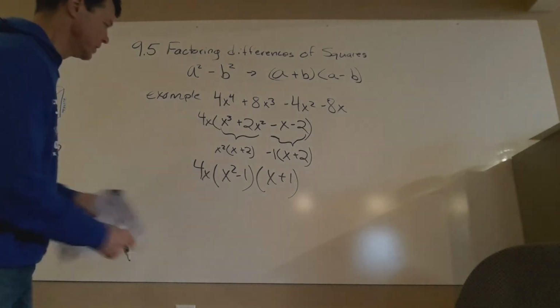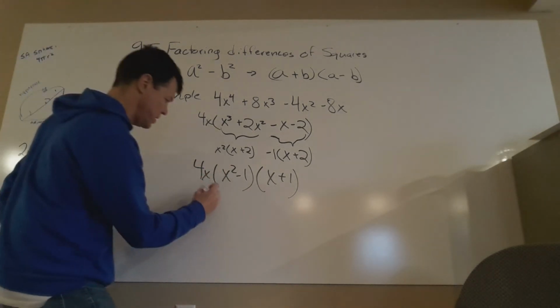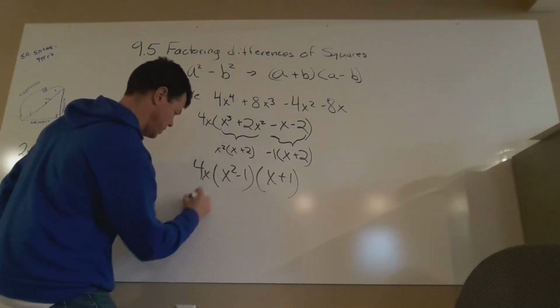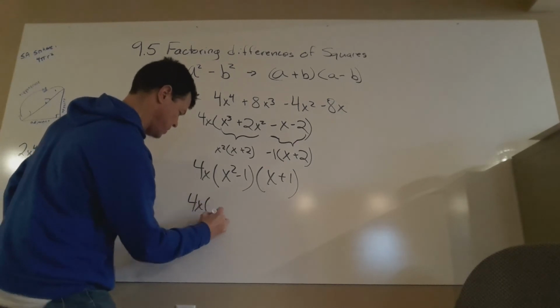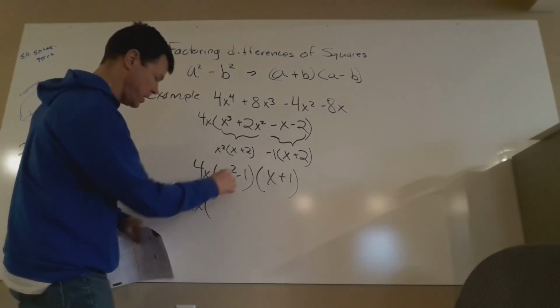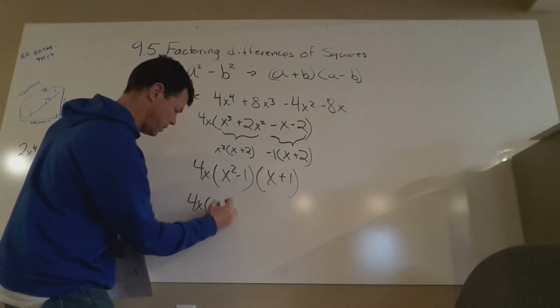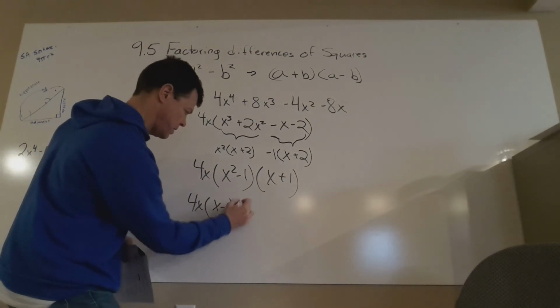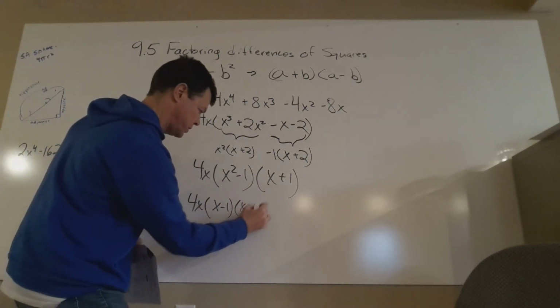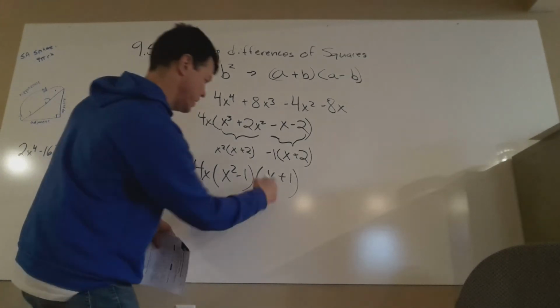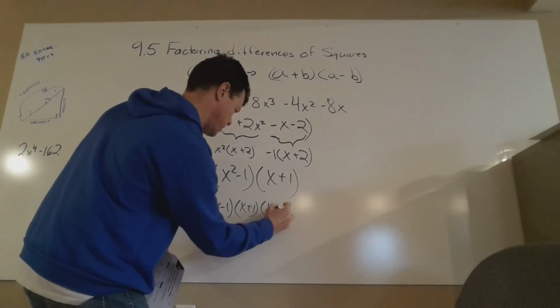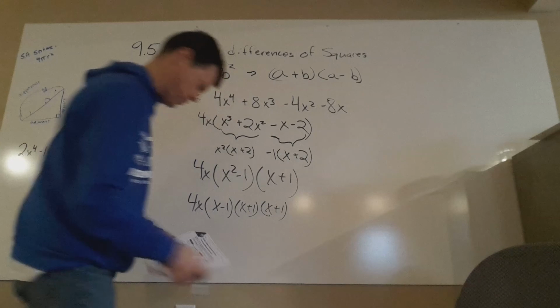Yes, we can. X squared minus 1. Bring your 4x down, include that x squared minus 1. Use our pattern. X minus 1, x plus 1. And then lastly over here we have another x plus 1.